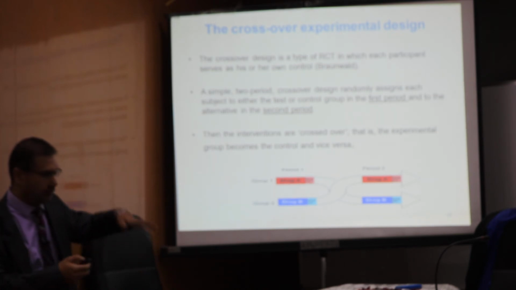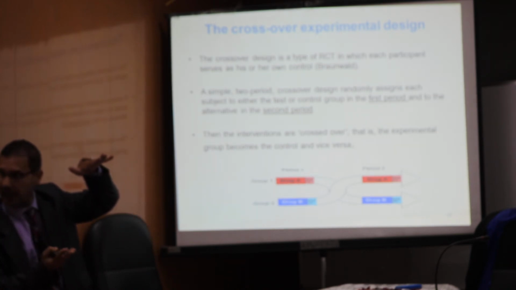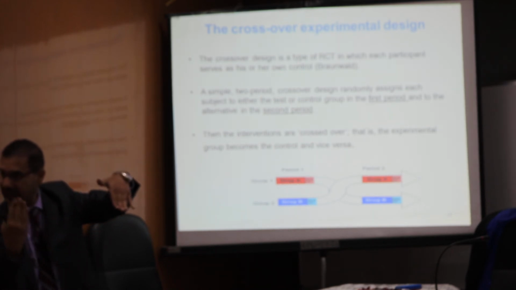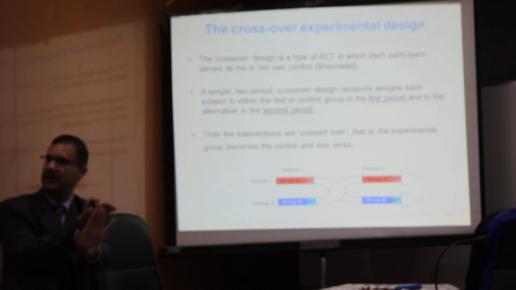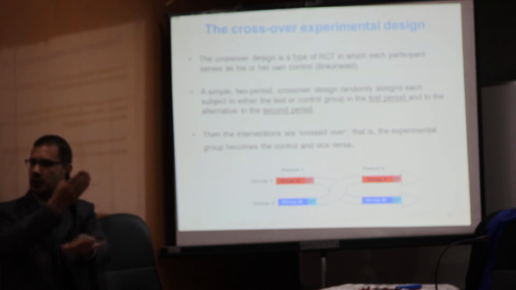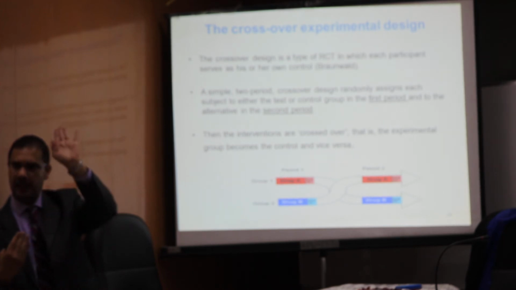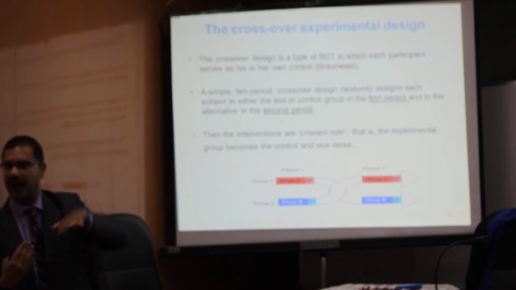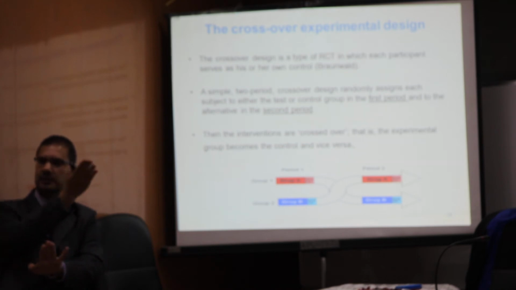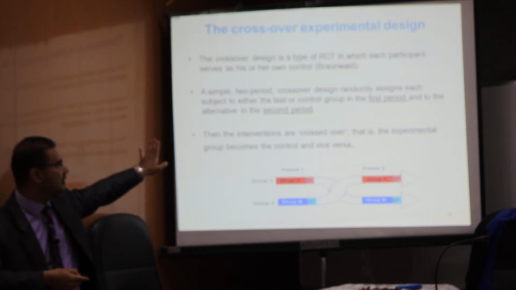The first period, the control group and the test group. After the second period, after 3 months, the test will be control. The control will be the test. So this is the crossover. Every participant will be patient and will be control at the same time. This is just crossover, one type of randomized control trial.